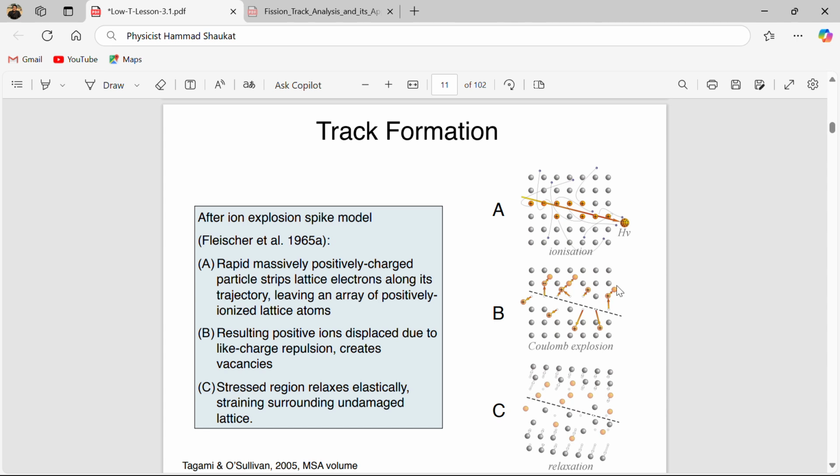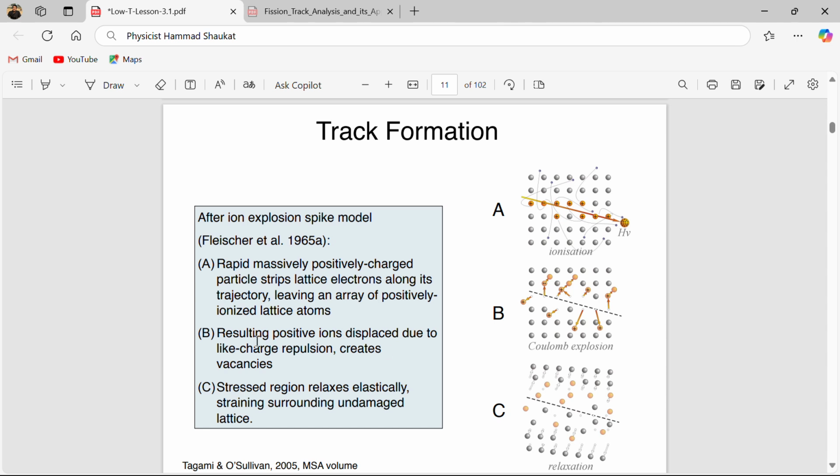You can see ionization, Coulomb explosion, and relaxation. A rapid, massive, positively charged particle strips lattice electrons along its trajectory, leaving an array of positively ionized lattice atoms. Due to the large number of positively ionized atoms, they repel each other and make a vacancy.